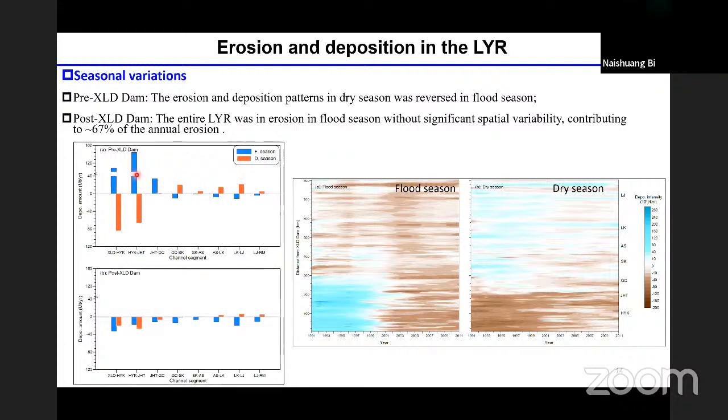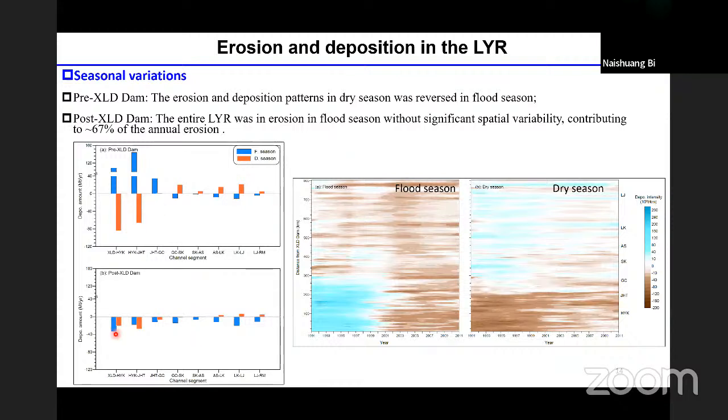You can see clearly it's the reverse value. After the construction of the Xiaolangdi, the entire lower Yellow River, in blue, was in erosion, without significant spatial variability as before the construction of the Xiaolangdi.